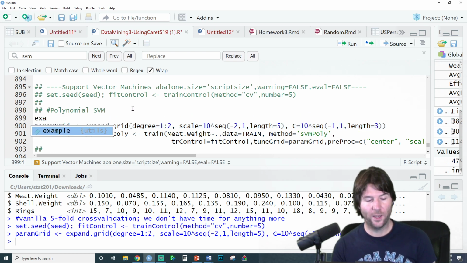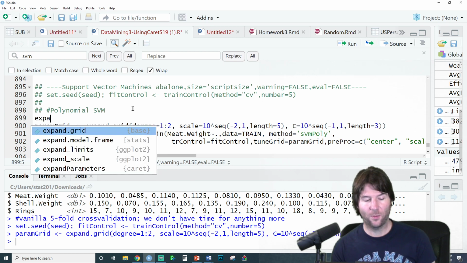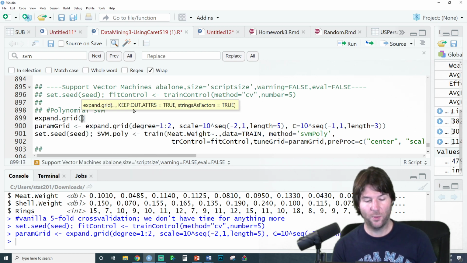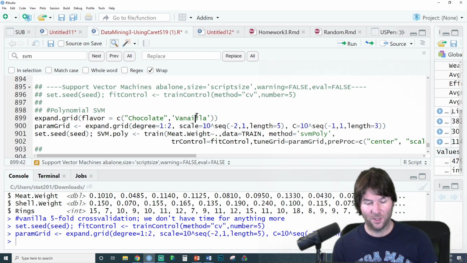We could go expand grid. We got to type it in properly. When we go to expand grid, we're going to put in one thing right here. We're going to put in flavor. And we're going to go here to chocolate, comma, vanilla. Say I spell vanilla? Close enough. People will know what that means. But I am going to change one thing.